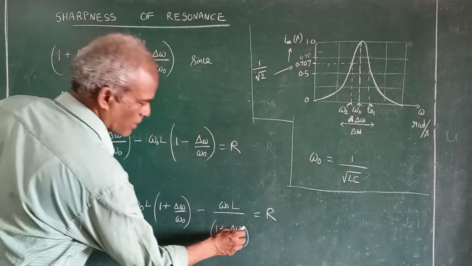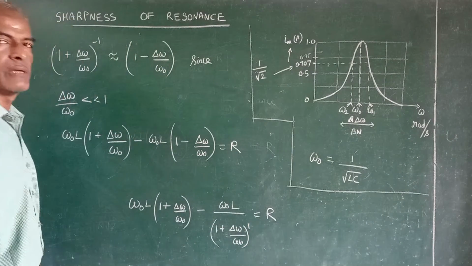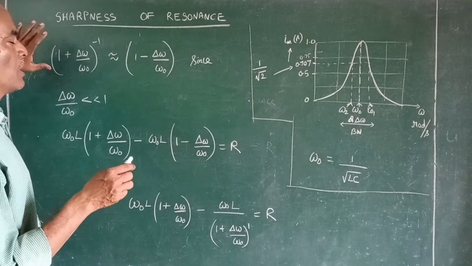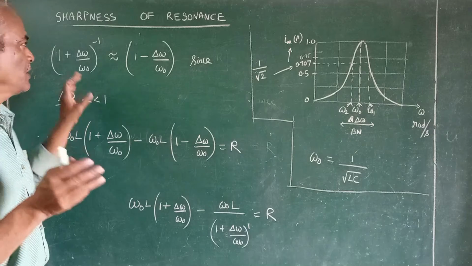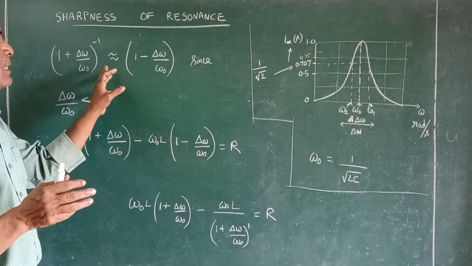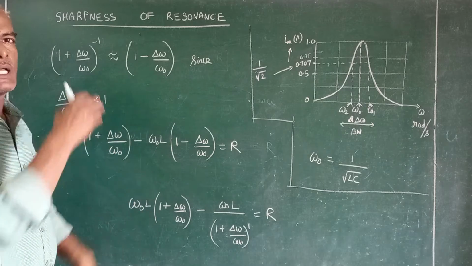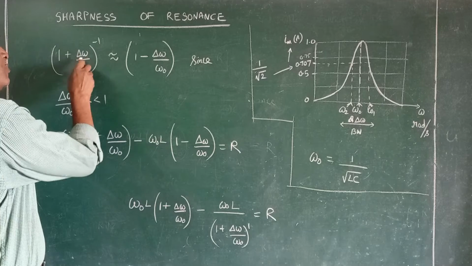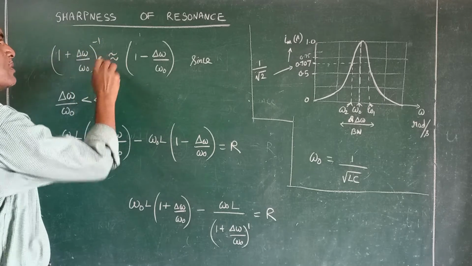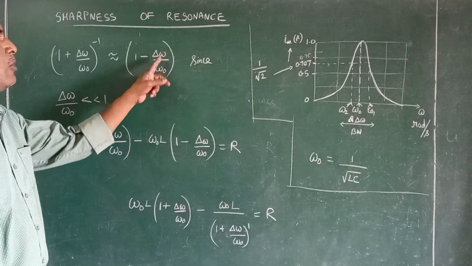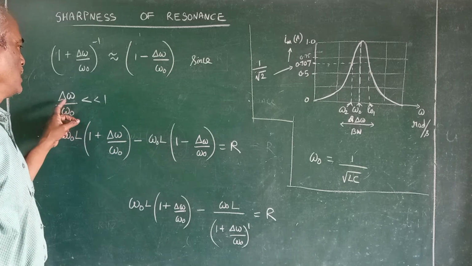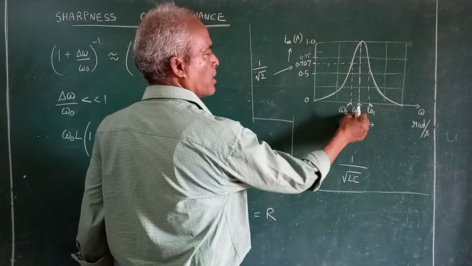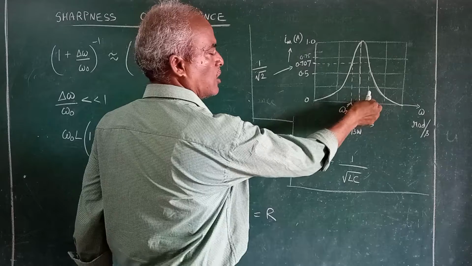Now this is power 1. When it goes to the numerator, it becomes 1 plus del ω by ω naught power minus 1. Based on the binomial theorem, if you expand this term, you will get 1 minus del ω by ω naught, and the higher order terms are neglected. So 1 plus del ω by ω naught whole power minus 1 is approximately equal to 1 minus del ω by ω naught, since del ω by ω naught is very much less than 1, because ω naught is a very high value, whereas del ω is very small.